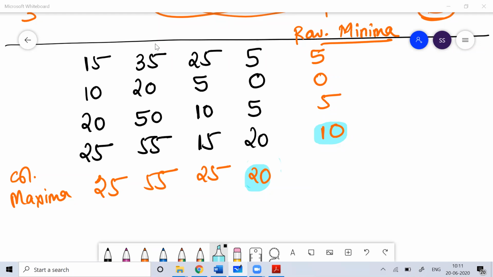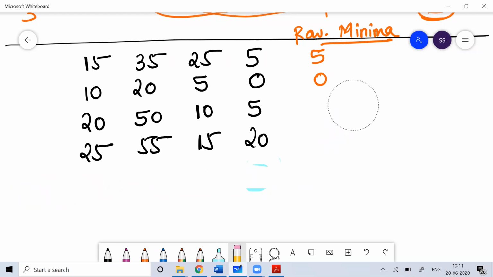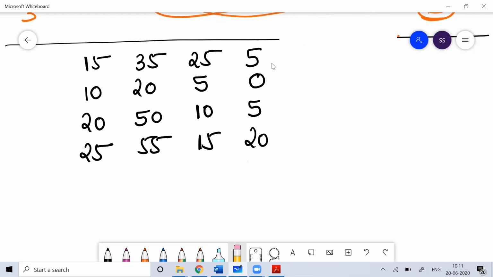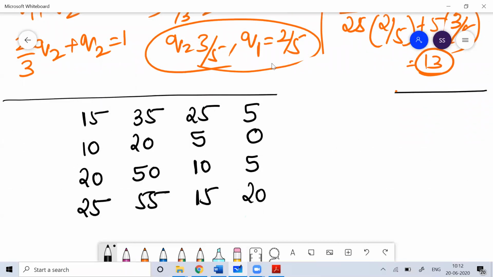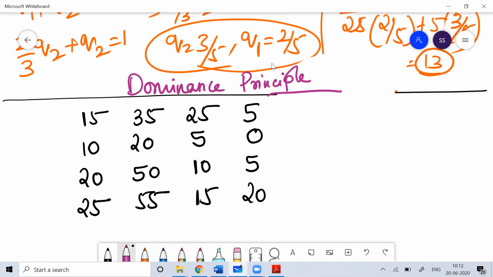Once you're done with that, you understood that this is not a problem of pure strategy. So you have to apply the dominance rule. I have to solve this problem by working on dominance. If I'm applying the dominance principle to solve this kind of question, the first thing is to find the row total.